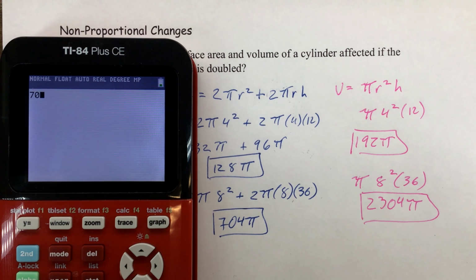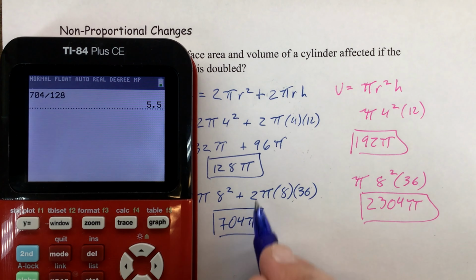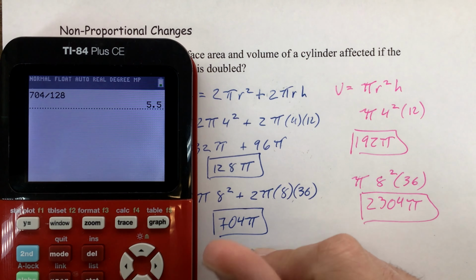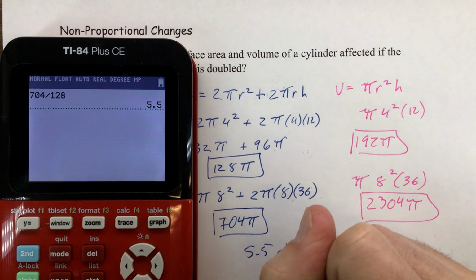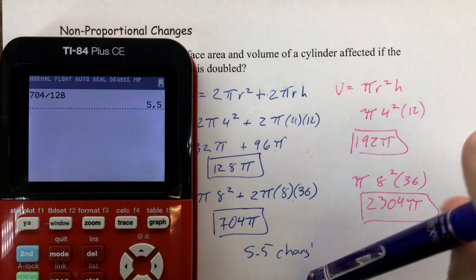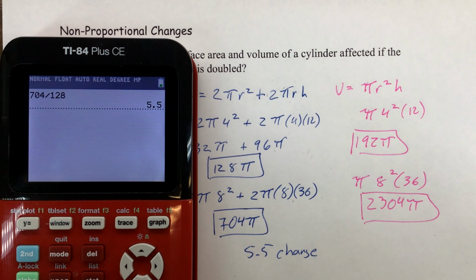Okay, and then to compare the changes, what I'm going to do is take 704 and divide that by 128, which gives us 5.5. Okay, so the pi's here would have canceled with the division, so I don't really need to worry about that. The change that we're going to get is 5.5. We'll just write 5.5 change. And that's like a scale factor change.